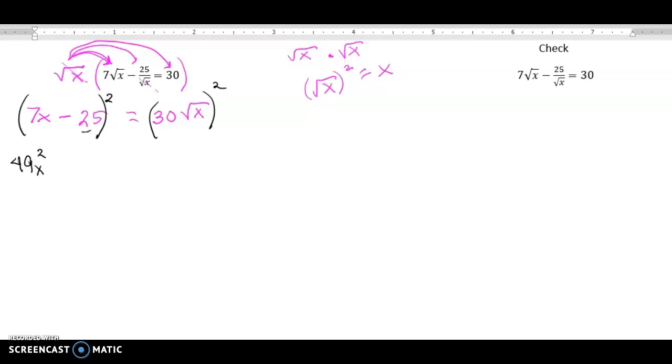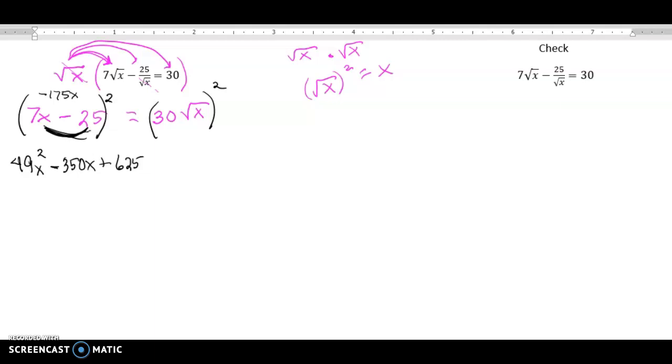Square the number on the right, which would be positive 625. Multiply these two together, which is negative 175x, and double it, and that gives you negative 350x.